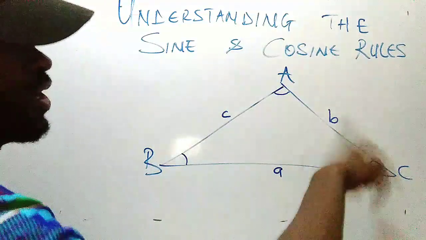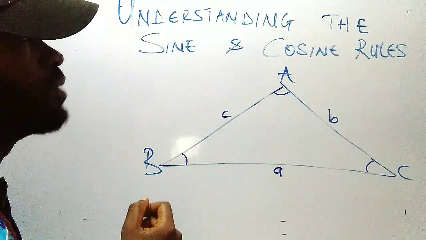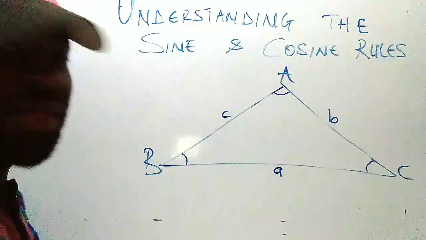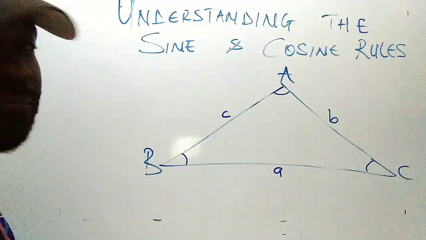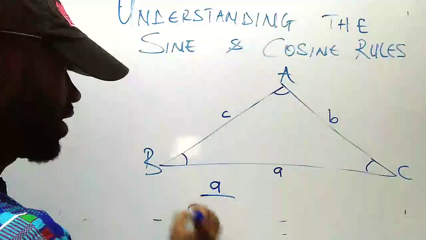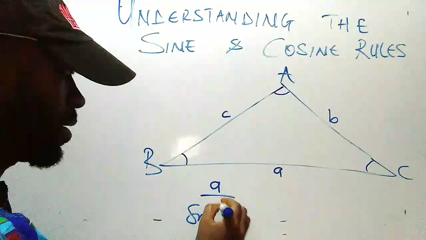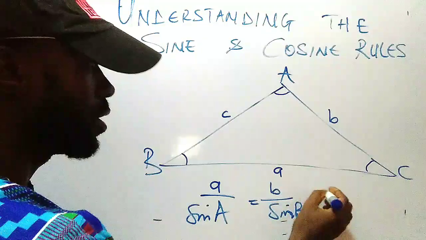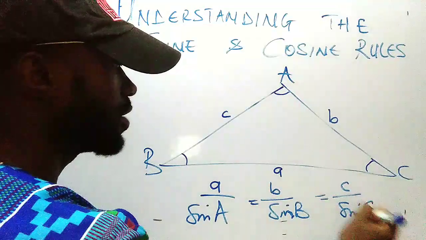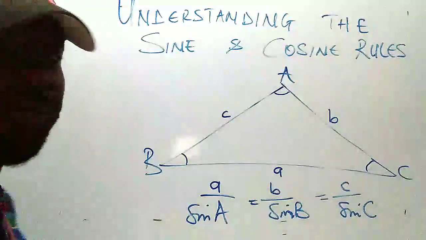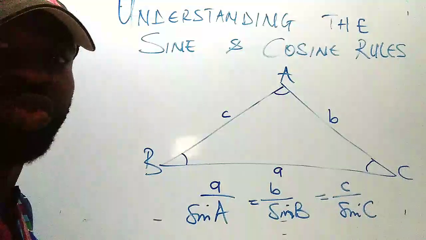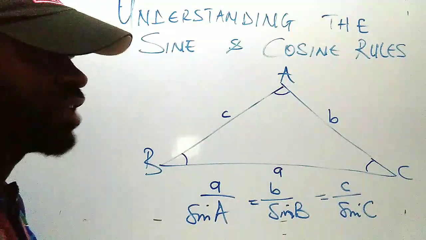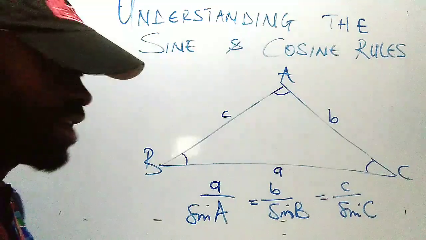Given this triangle, if you're asked to solve a problem and you discover that it's going to take the sine rule, our sine rule is given by the formula a over sine A equals b over sine B equals c over sine C. So this is the formula for the sine rule, and I'm going to tell you about the conditions that will make you apply it.